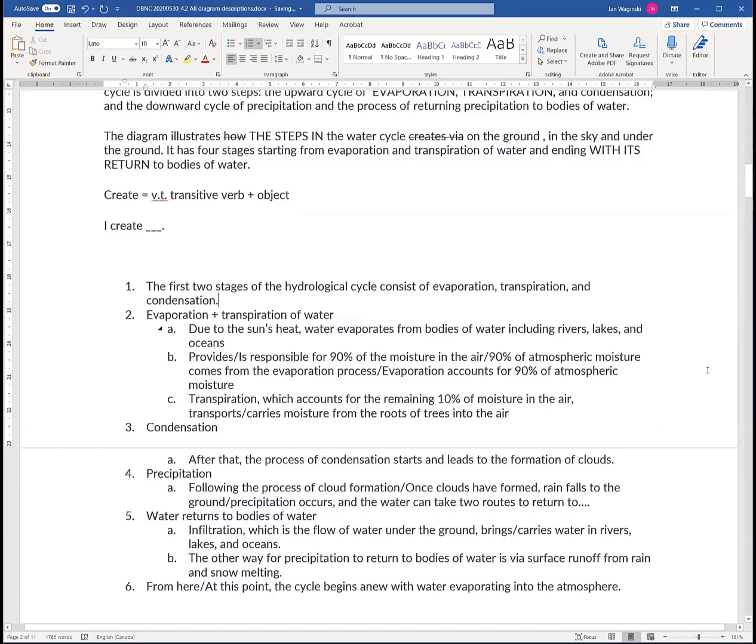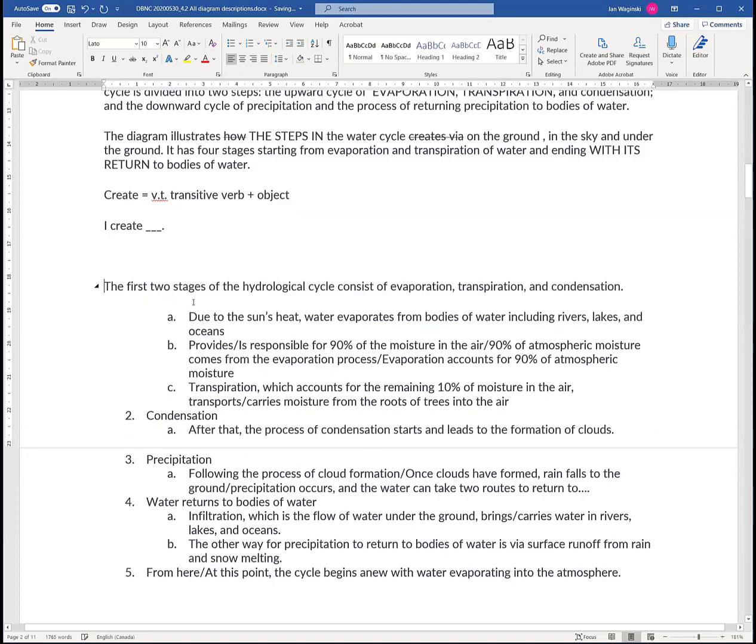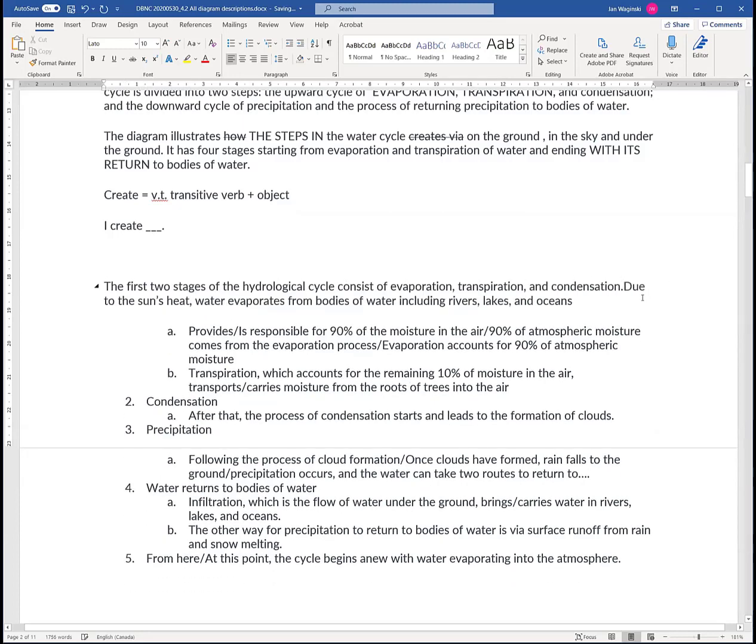There we go. So due to the sun's heat, we can put it the same, due to the sun's heat. Just give it a moment, it'll catch up.